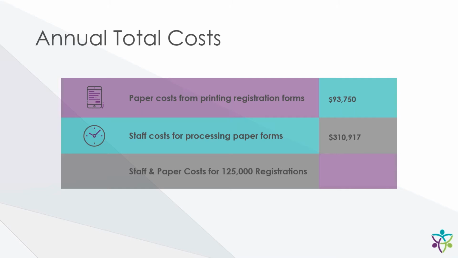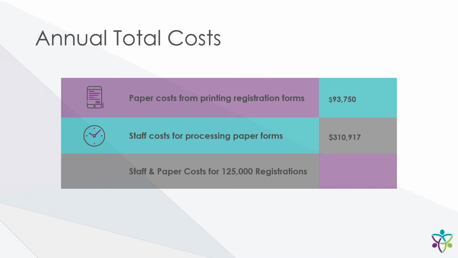And that isn't even accounting for those errors that I talked about and those HIPAA issues when there is incorrect information entered on paper forms and staff then have to go back and track down the time. So that could almost double if you're having a significant amount of errors on your forms.